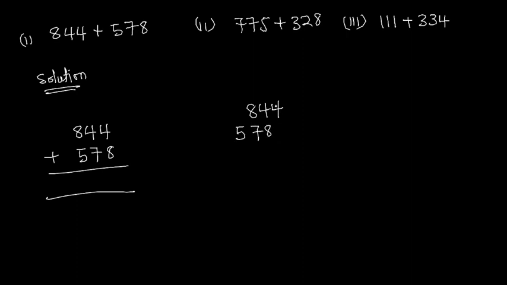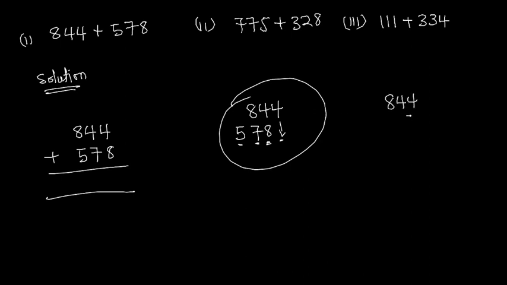No. All the numbers have to be arranged in the proper format. So the ones should be under ones, the 10th under 10th, and then 100 under 100. So you don't write 8, 4, 4 and then you bring 5, 7, 8 like this. No. Make sure that all of them are perfectly aligned.